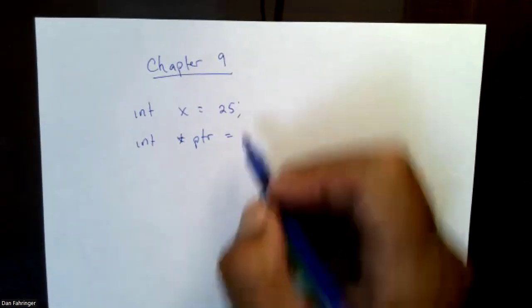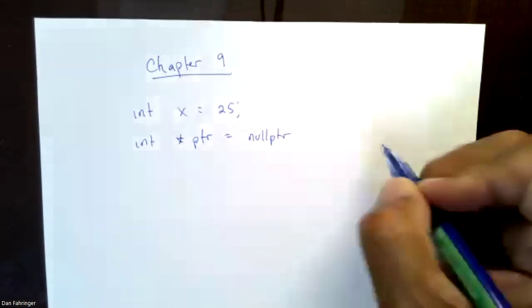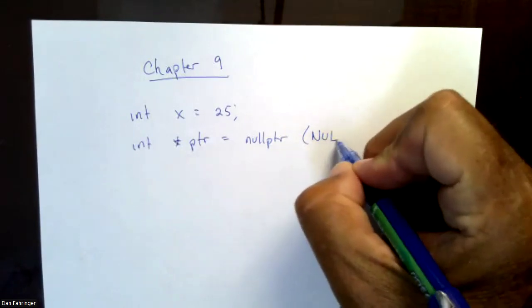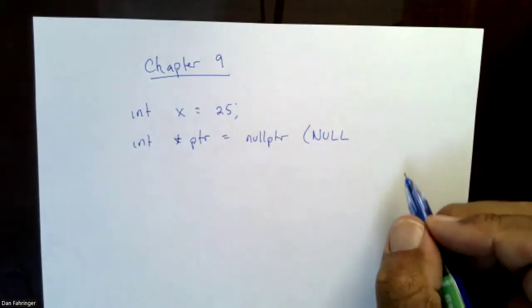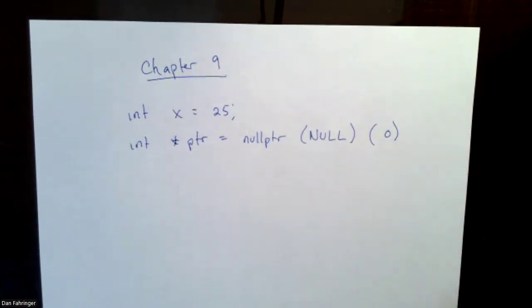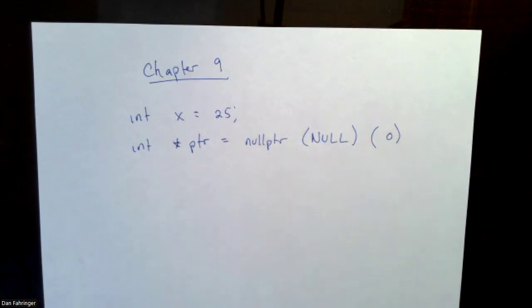And a lot of times when we initialize it, we're going to initialize it to nullptr, or NULL, depending on the IDE you're working with, or we can just do 0, which is what I do a lot of times. I just set that address up to be 0.